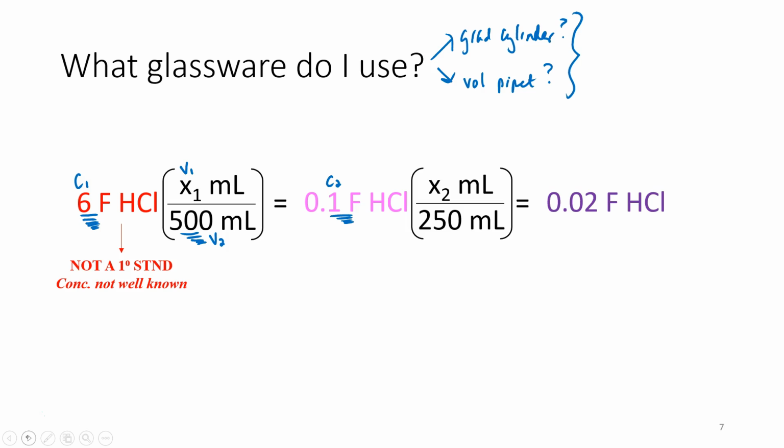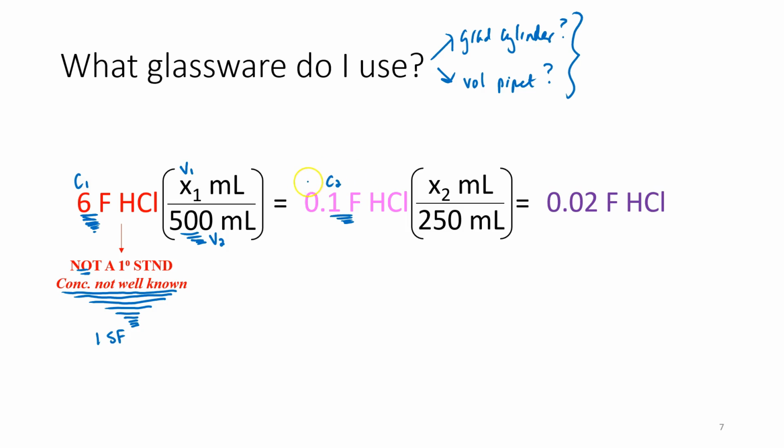6 formyl HCl, your stock solution here, is not a primary standard. It is about 6 formyl HCl. You don't know the concentration of that 6 formyl HCl very well. You only know it to 1 sig fig.